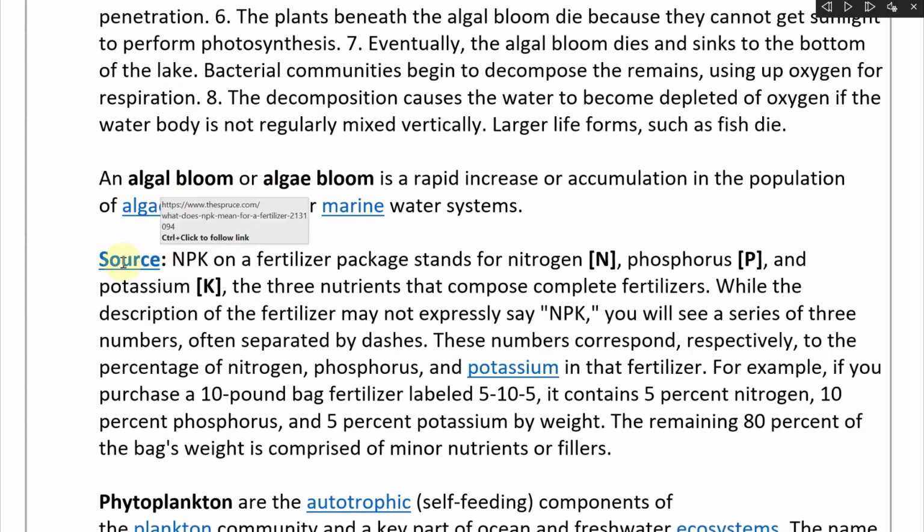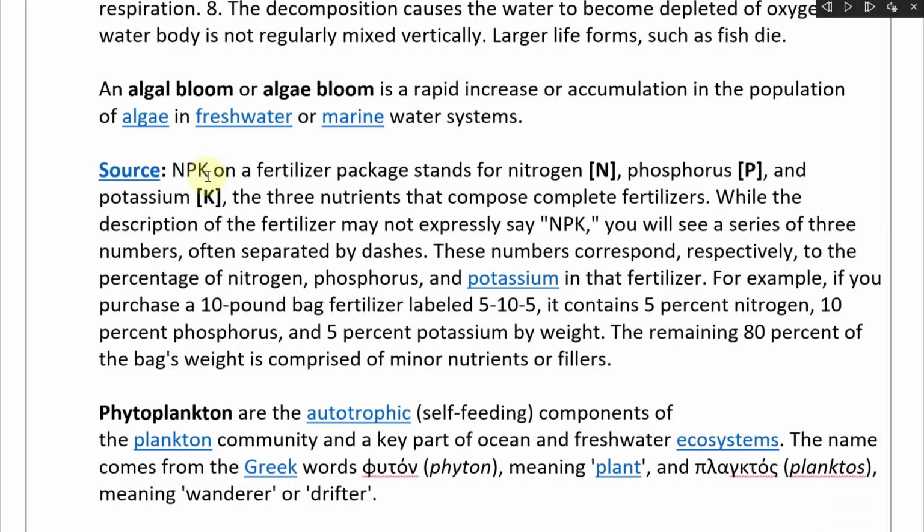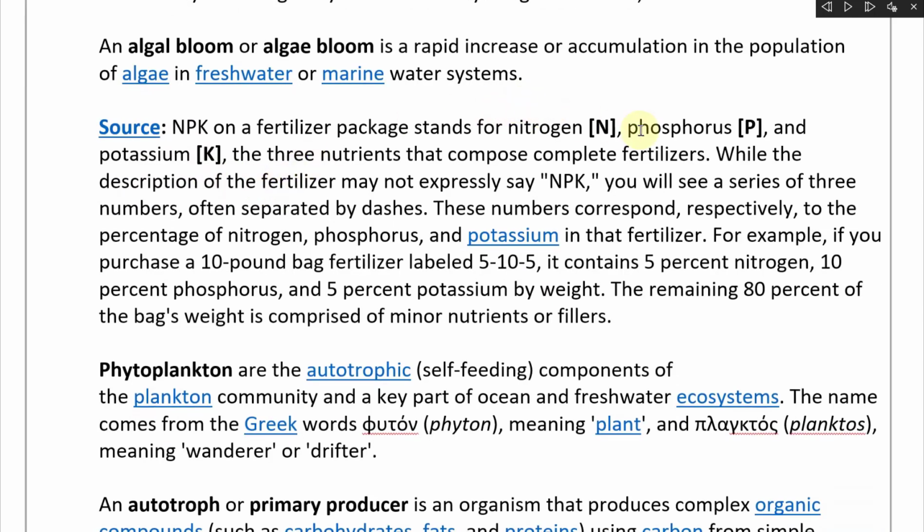So anyways, I got this from the source here, thespruce.com. NPK on a fertilizer package stands for nitrogen N, phosphorus P, and potassium K, the three nutrients that compose complete fertilizers. While the description of the fertilizer may not expressly say NPK, you will see a series of three numbers often separated by dashes. These numbers correspond respectively to the percentage of nitrogen, phosphorus, and potassium in that fertilizer.